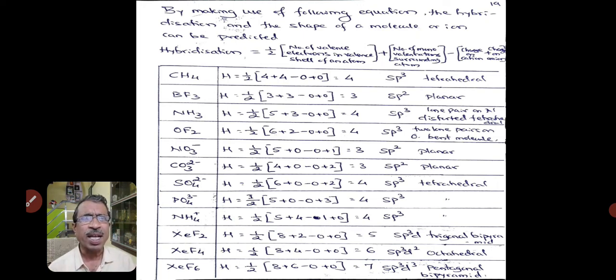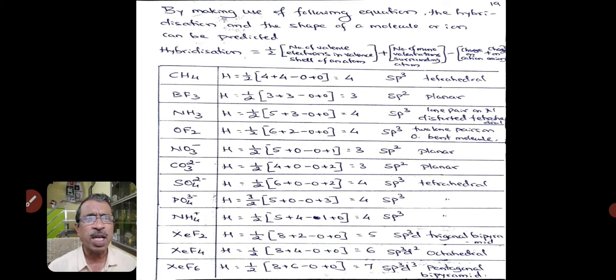Let us take an example, boron trifluoride. Here the hybridization is half of the number of valence electrons in boron, which is 3. The number of monovalent atoms attached is also 3, and it does not have any positive or negative charge; the charge is 0.